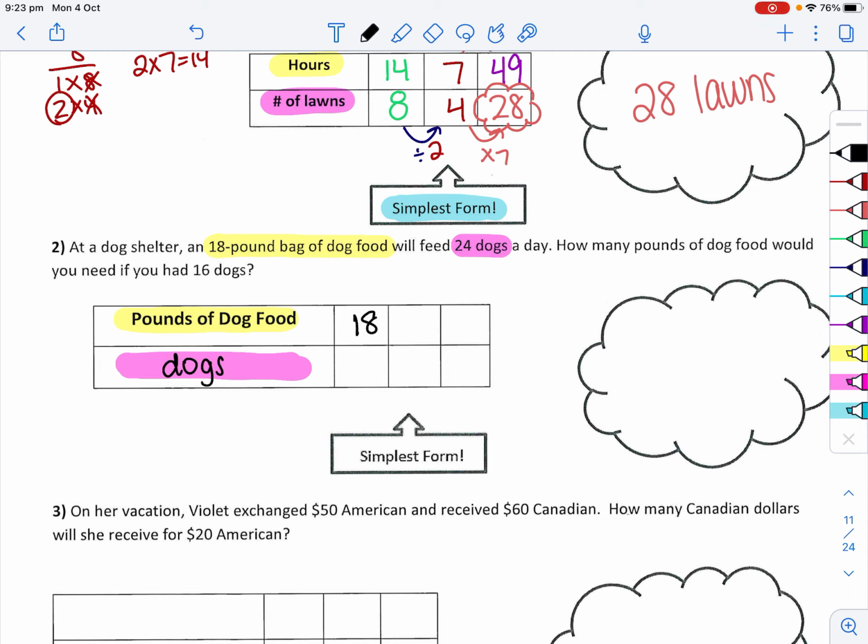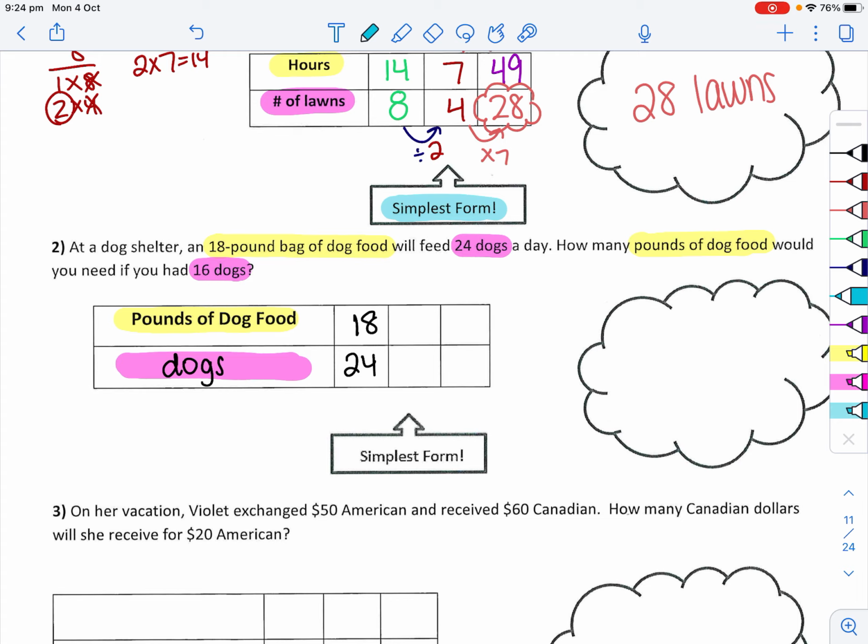So 18 and 24. Then it says, how many pounds of dog food? So that's what I'm missing. Would you need if you had 16 dogs?